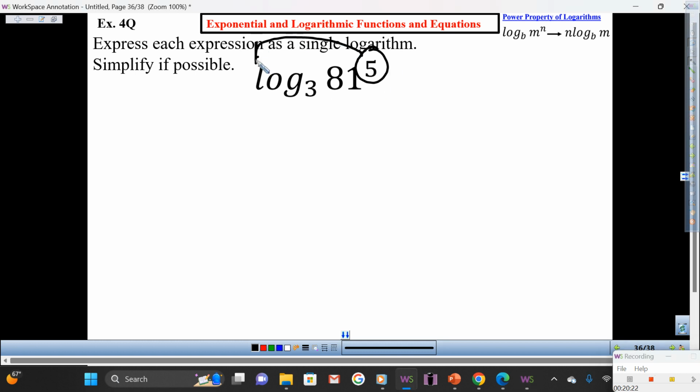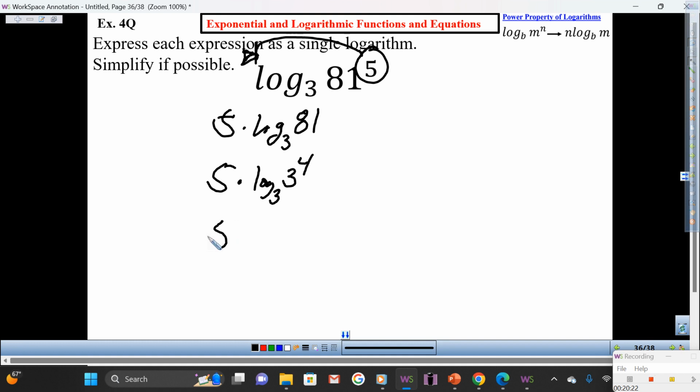Move the 5 to the front. So this is 5 times log base 3 of 81. Continue. Three to the fourth. Continue. Hands if you got that.